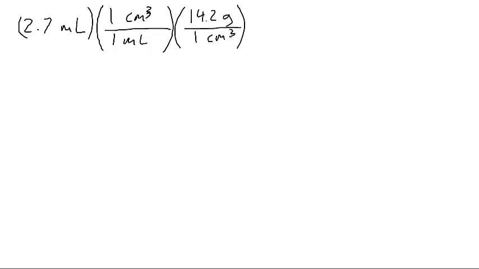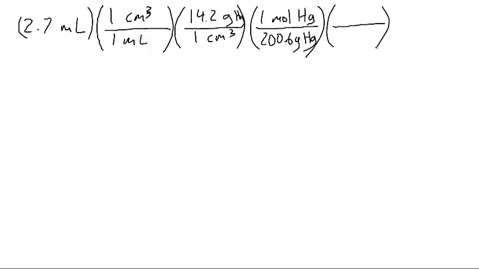All right. So this is really going to give me grams of mercury. So then once I have grams of mercury, got to go to moles. How do I get to moles? There's 1 mole of mercury for every 200.6 grams.